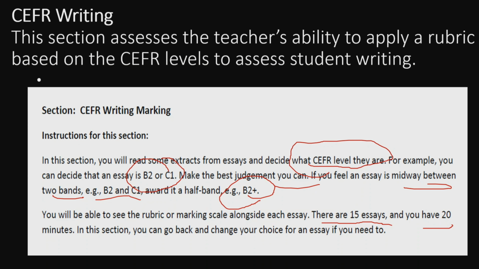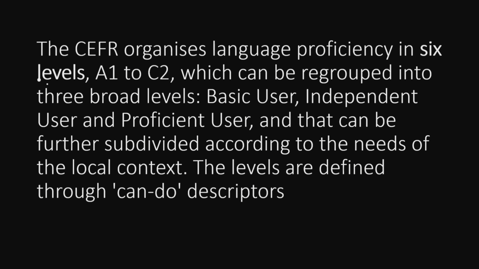So remember that this section of the exam is very important because there are 15 essays and you only have 20 minutes. So unless you have a thorough knowledge of all the descriptors, you won't be able to tackle this part of the exam. So don't take it easy. This is really challenging. Levels are defined through can-do descriptors. So basically you need to have a very clear and vivid picture of these can-do descriptors.